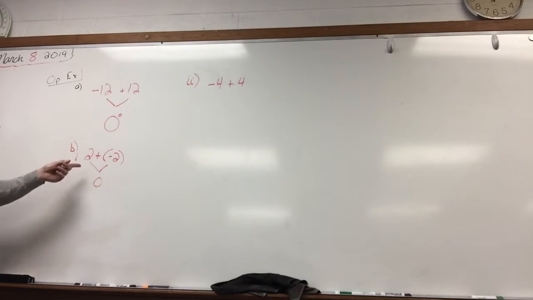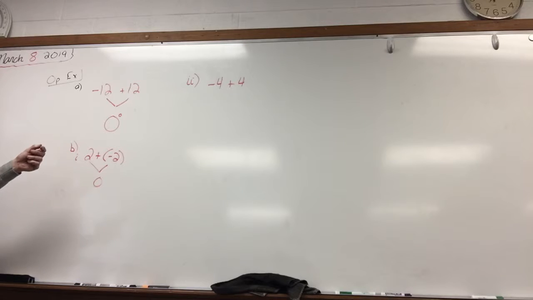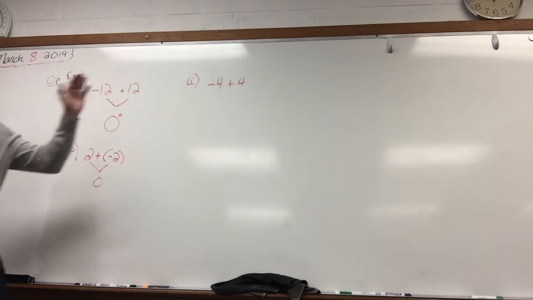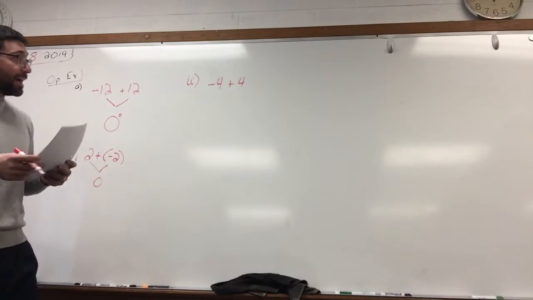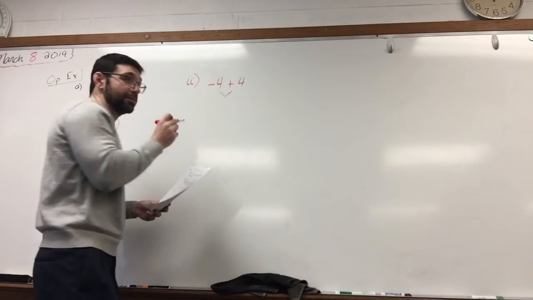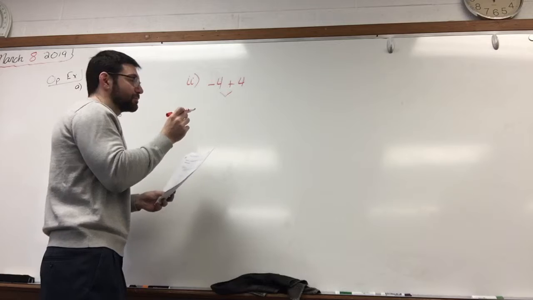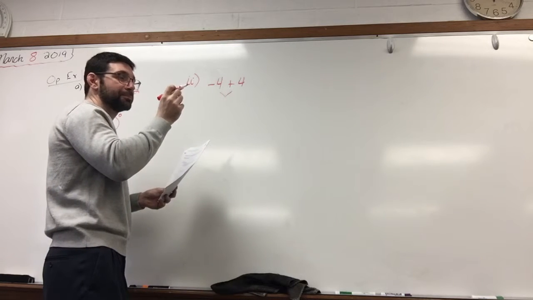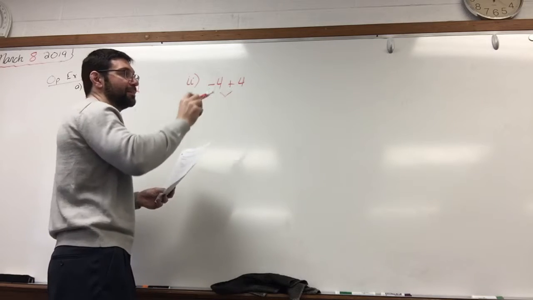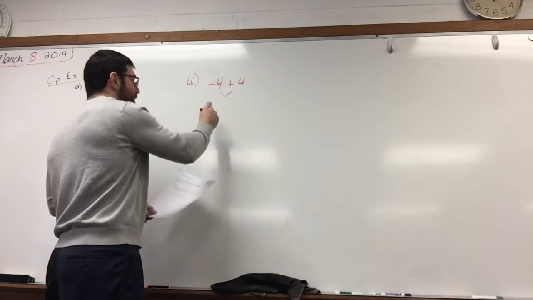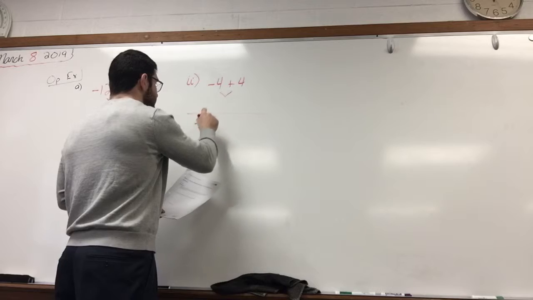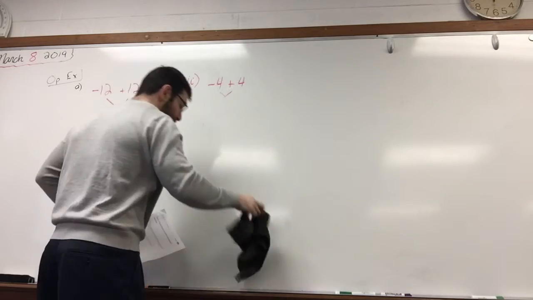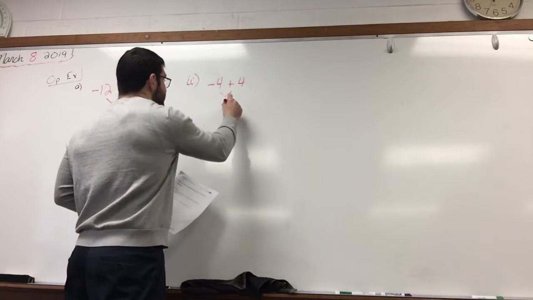This was the additive inverse. So what's negative 4 plus 4? If it's additive inverse, we have negative 4 on a number line. Oh, 0. So it would give me 0. The additive inverse property will always give me 0.